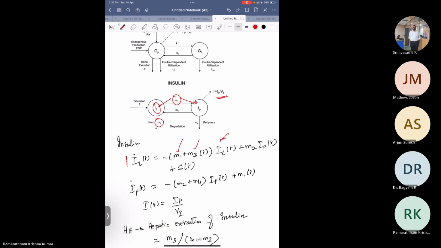Plus M2 into I2P, and that is coming back from the plasma.